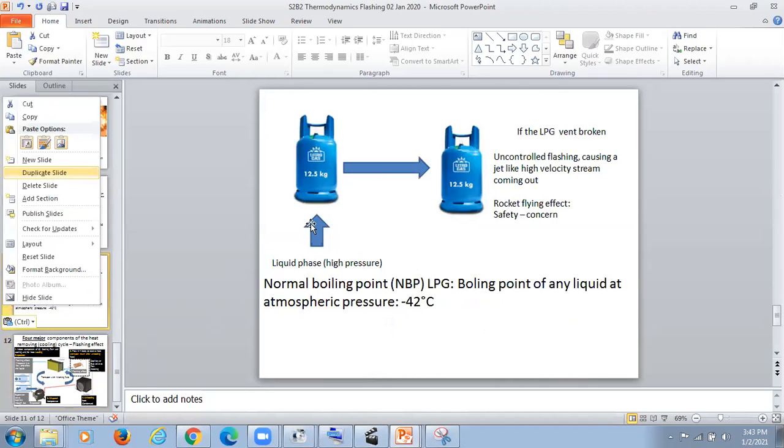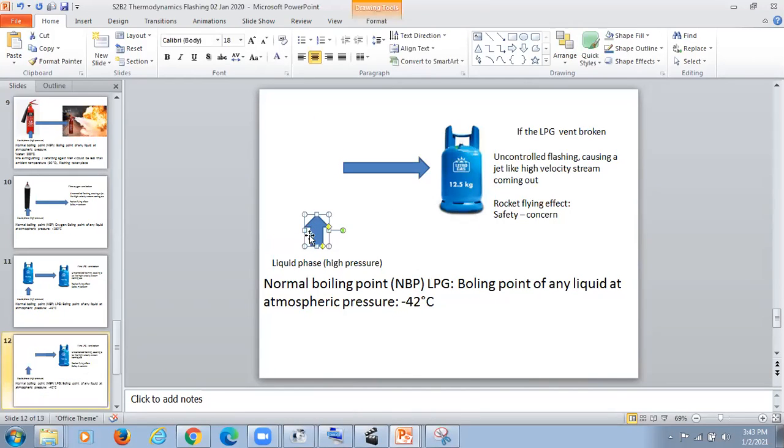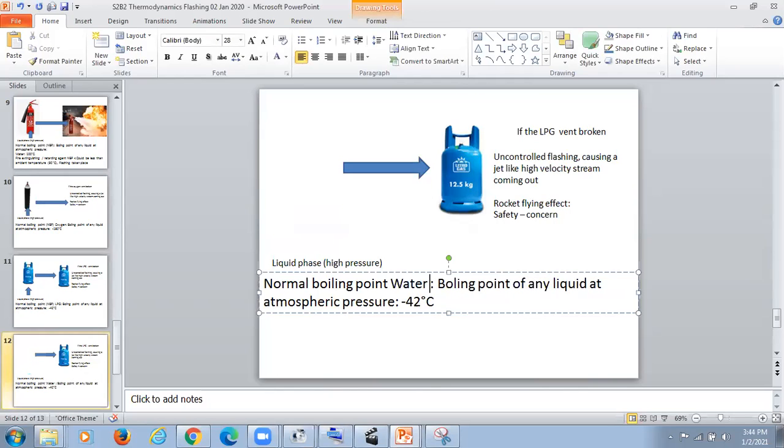Just note the boiling point of water in your body. 100 degrees Celsius, I would say, because 80% water.